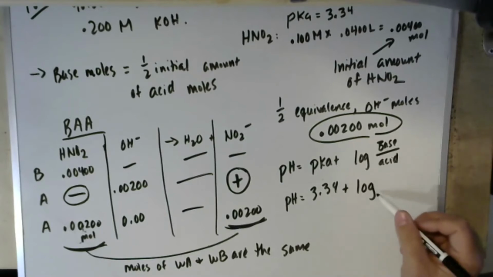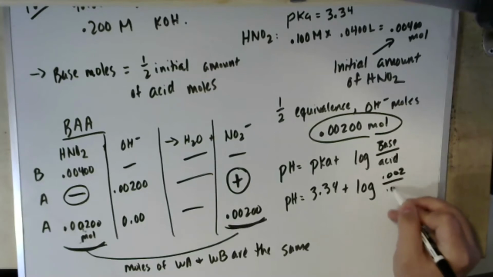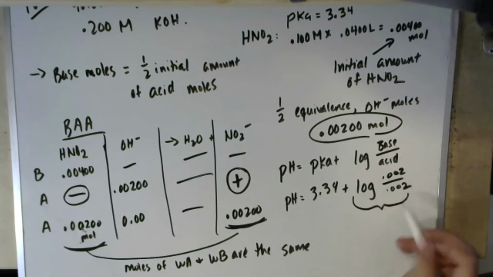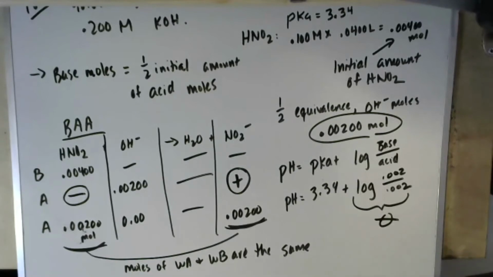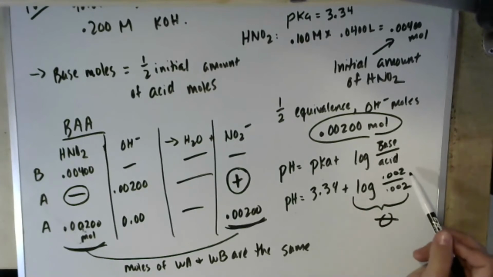But we're going to have the log of 0.002 over 0.002. This is going to be the log of 1. The log of 1 is 0. So at half equivalence, your pH is going to be equal to your pKa because the moles of your weak acid and the moles of your weak base are going to be the same value.